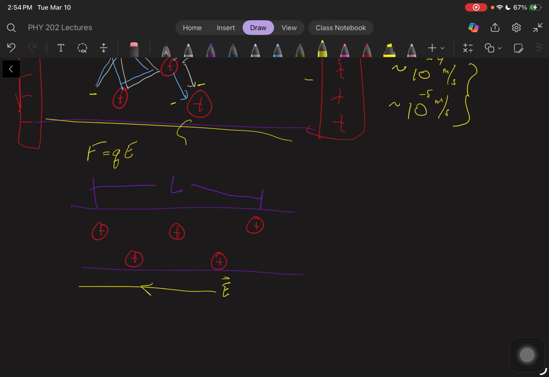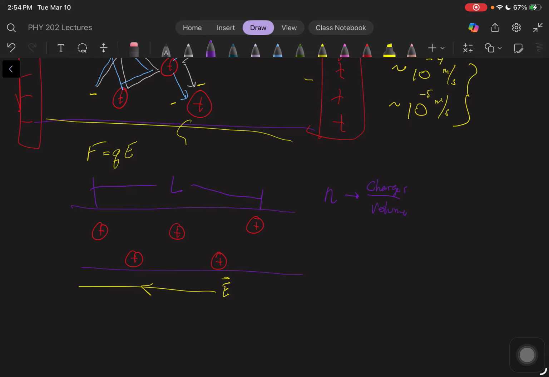If we say we have some amount of charge per volume, N, that's the number of charges per volume.